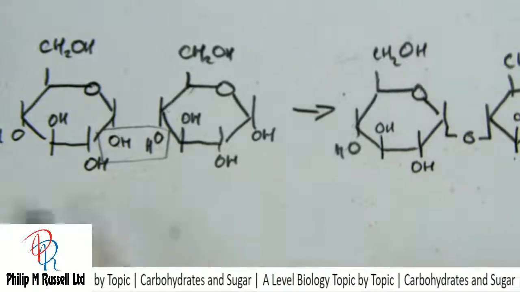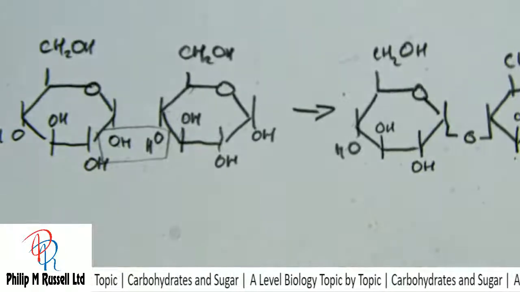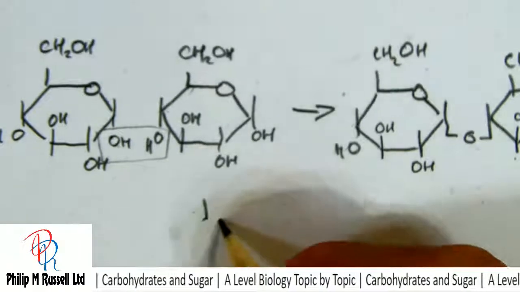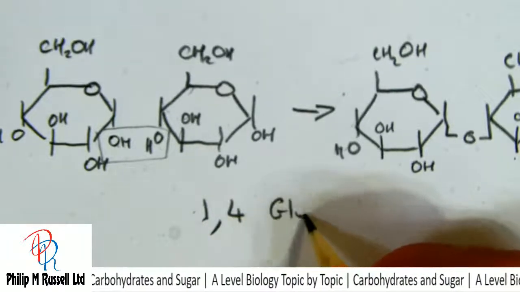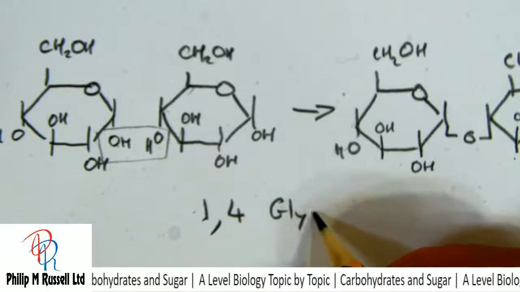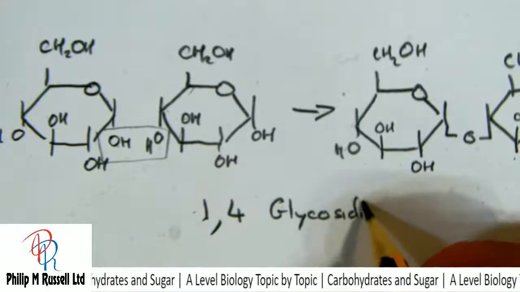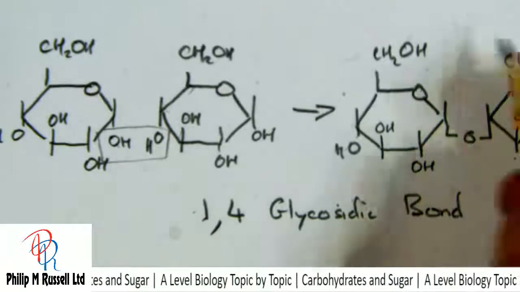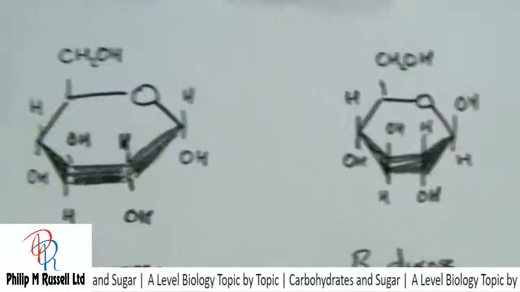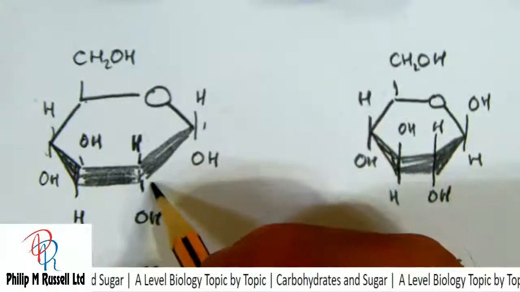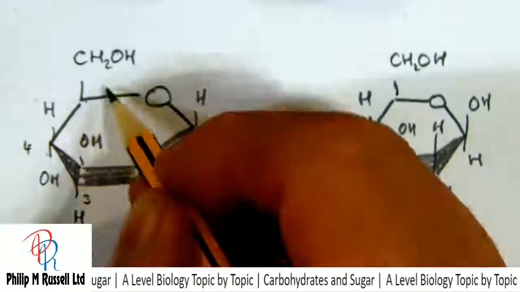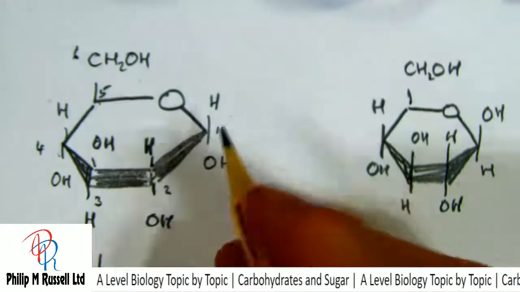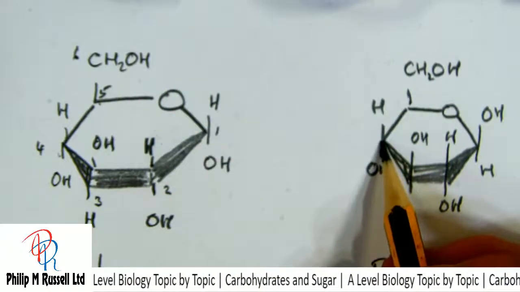So here we've got our structure of a glycosidic bond, and this is a 1,4 glycosidic bond. Because if we label our carbons, carbon 1, 2, 3, 4, 5 and 6, we're looking at 1 joining with 4.